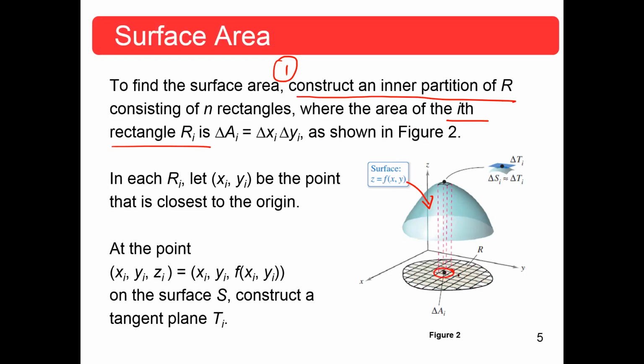This piece is the ith rectangle. Its area will just be the length times the width, how much in the x direction and how much in the y direction, so delta x i times delta y i.